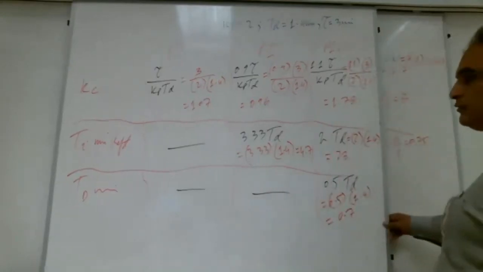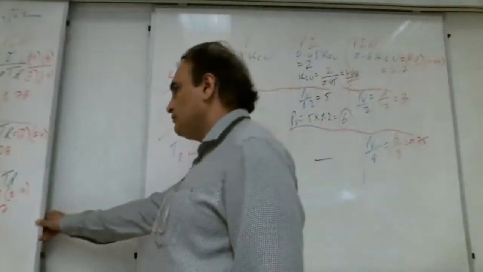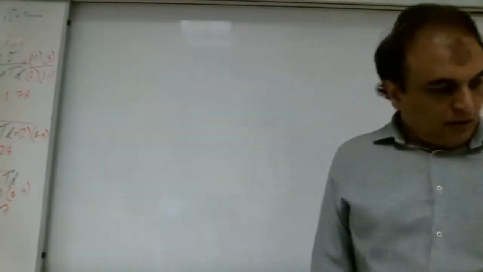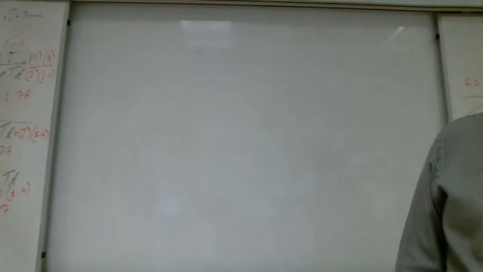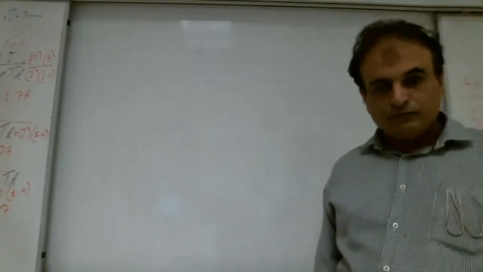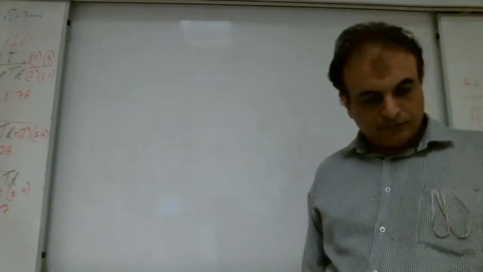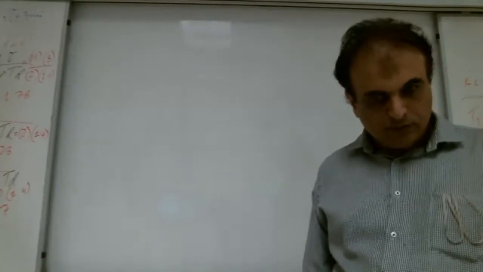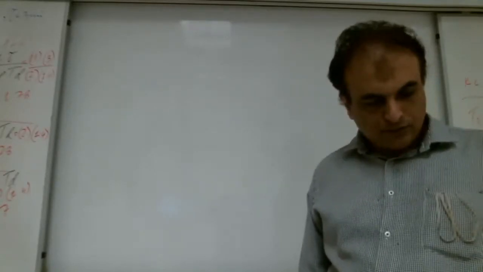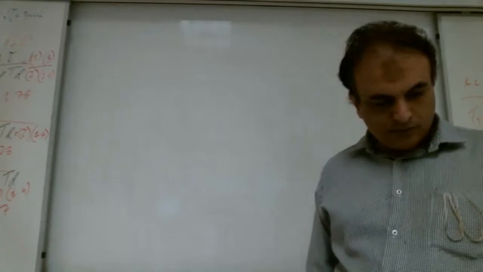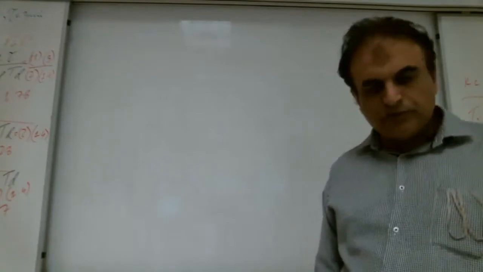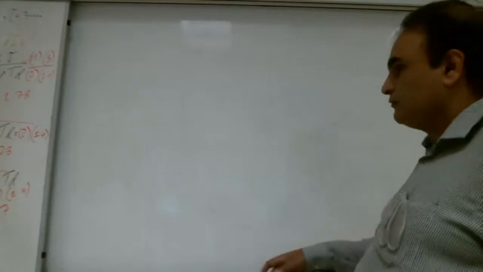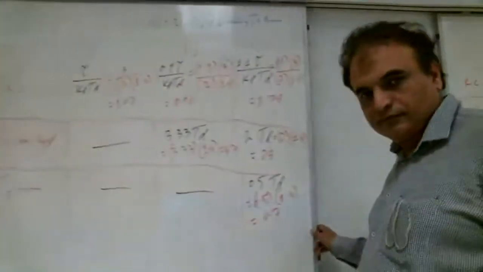Okay. Yes, please. I think in this question we have to do process 2 and process 3 also. Sorry? In this question we have to do process 1, 2 and 3. Process 1, what is that? What's the question?